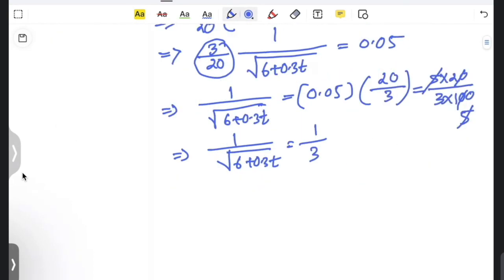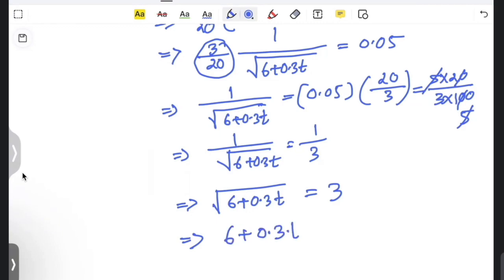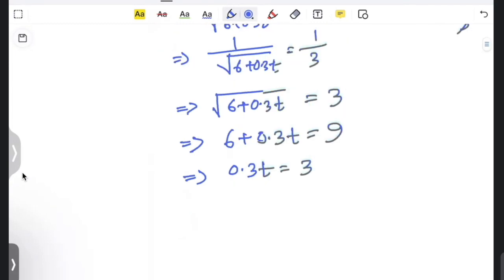Okay, now by cross multiplication I can write √(6 plus 0.3t) equal to 3. Yes sir. Now squaring both sides, 6 plus 0.3t equals 9. This implies 0.3t equals 9 minus 6, which is 3.